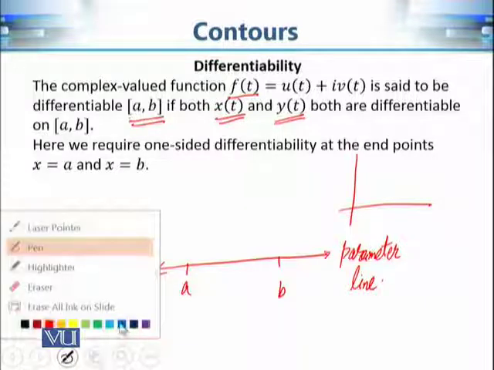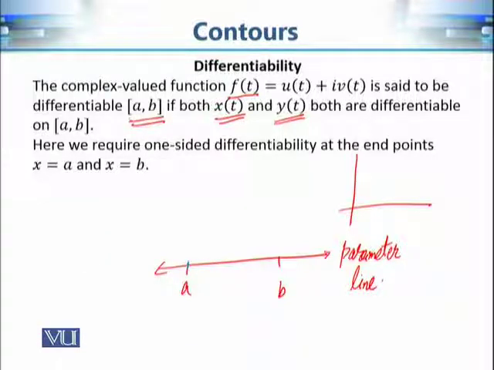For example, if we take the value a, we get f(a) in the complex plane, and moving on and evaluating the values, we stop at f(b). And of course there is a direction of motion.